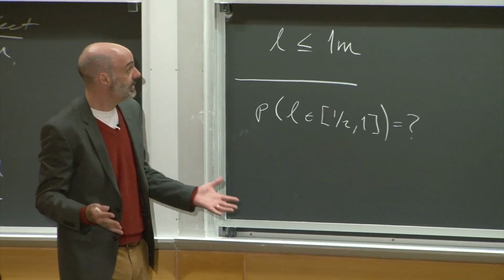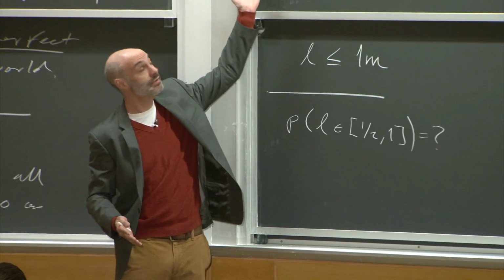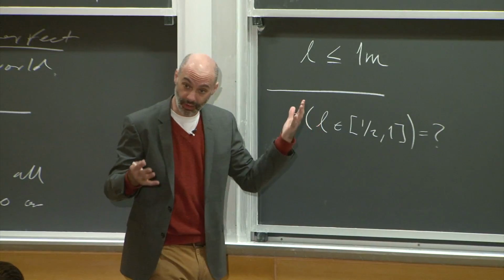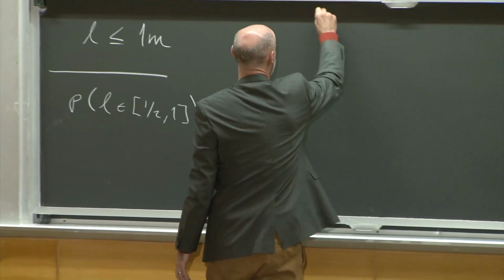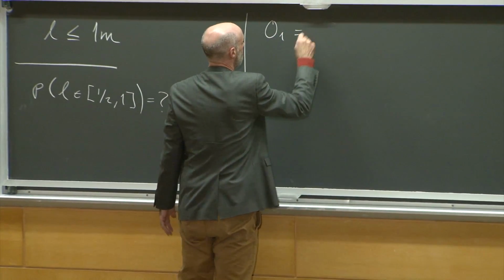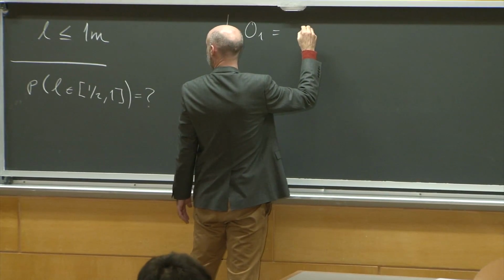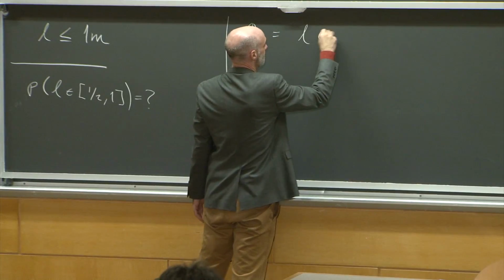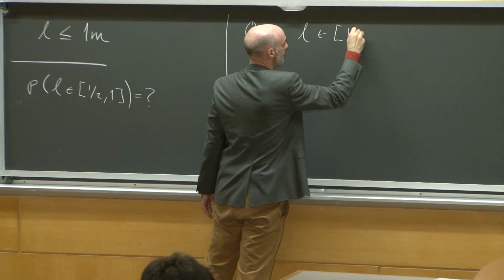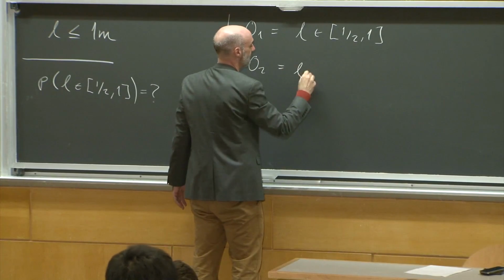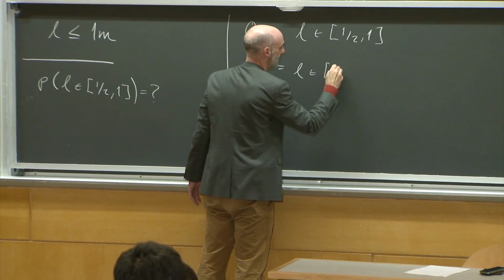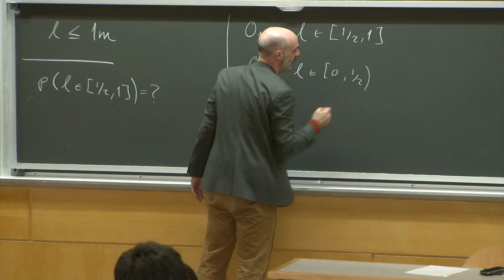Here's a way in which you can answer this question by using the principle of indifference. You say, well, we have two options. Option one is that the side length is going to be in here. Option two is that the side length is going to be in there.